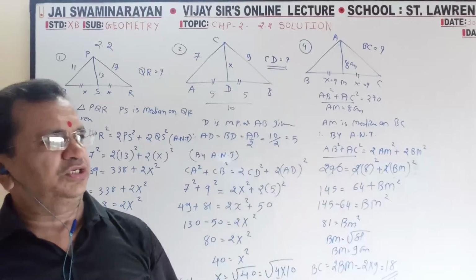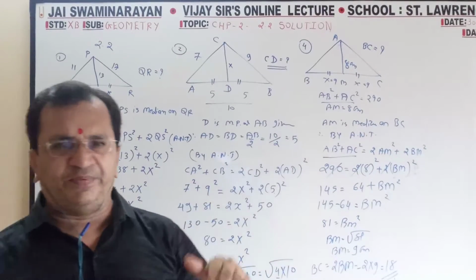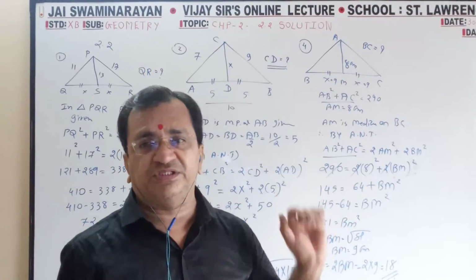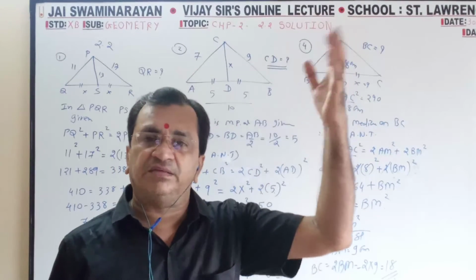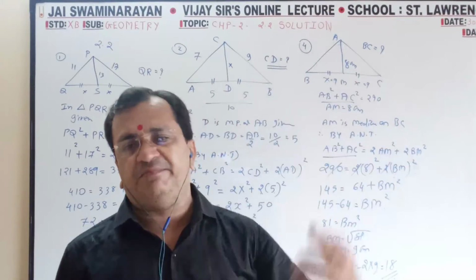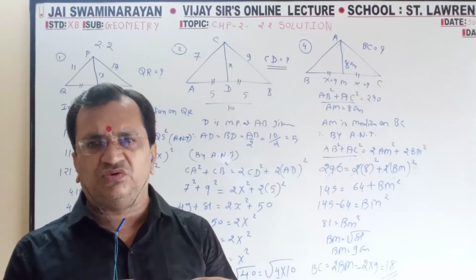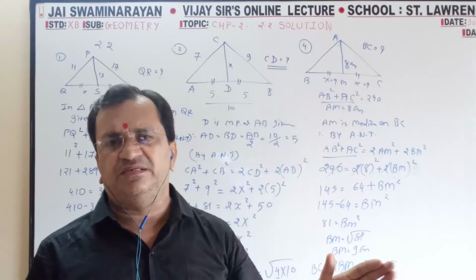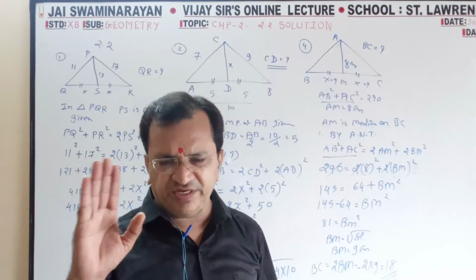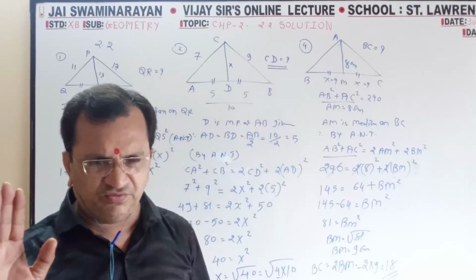So opposite to 30, opposite to 60, opposite to 45, Apollonius theorem, Pythagoras theorem, geometric mean theorem. By knowing all this, the combination calculation is very easy. You should know which formula to apply when.